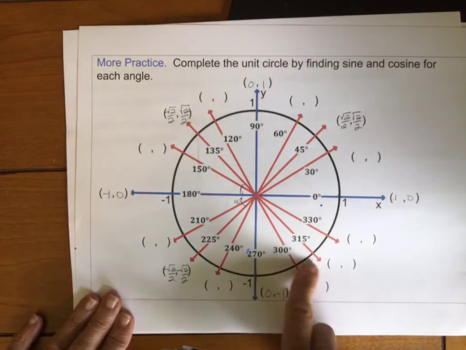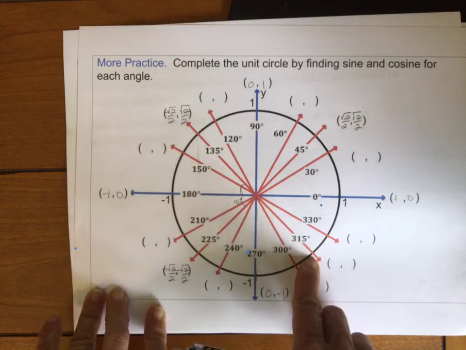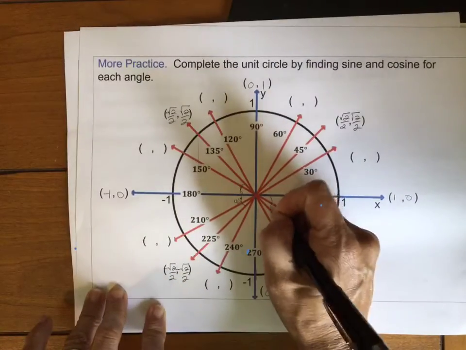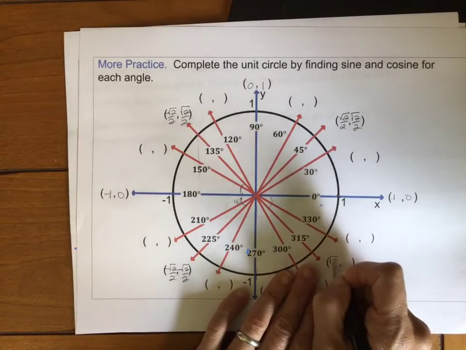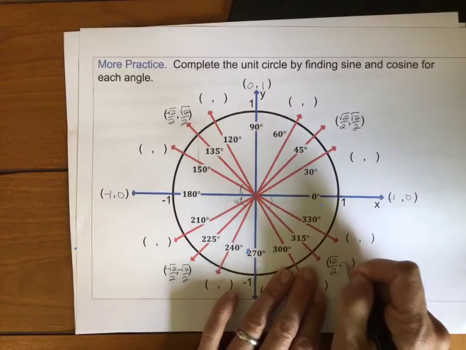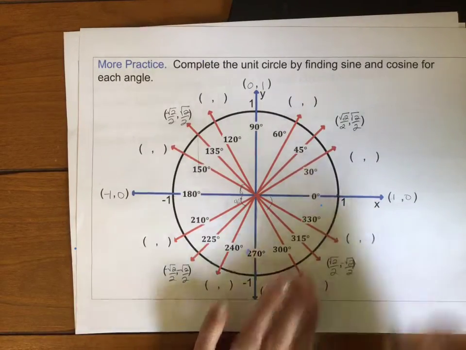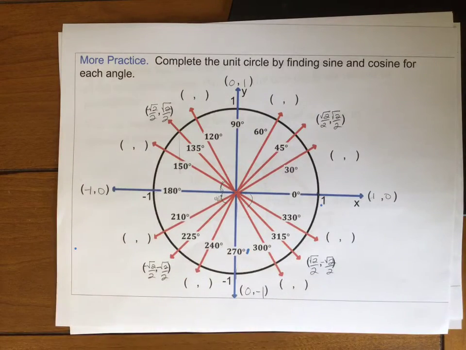And then I have one last 45-degree triangle over here in quadrant 4 at 315. This angle here is 45 degrees. And here my x values are positive, so positive root 2 over 2, but my y values are negative. All right? So we just filled in all the 45, 45, 90.